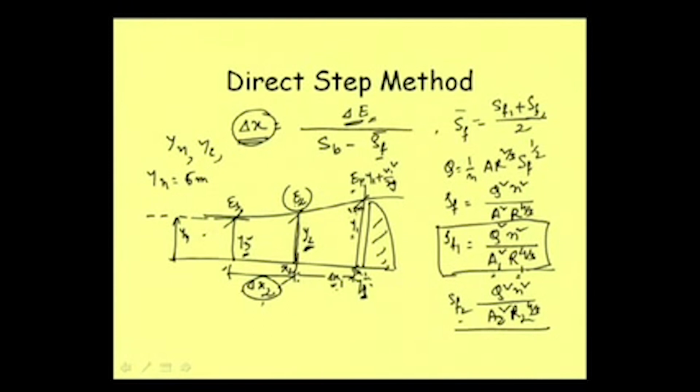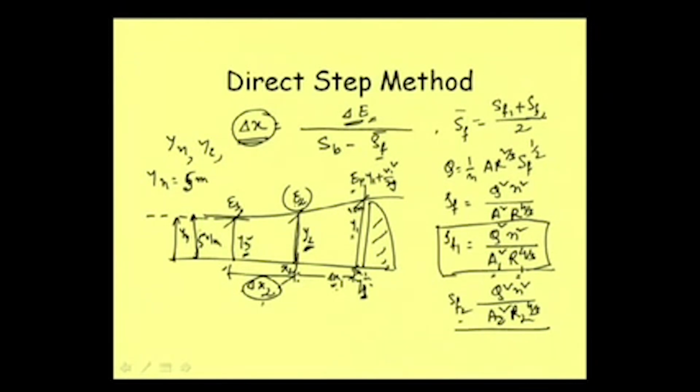Then we will keep on computing our distance by reducing the depth. To what extent will we compute? Because we know that this profile will come up to 5 meter where yn depth is. So we can take our last depth, which is a little higher than yn, maybe 5.1 meter.